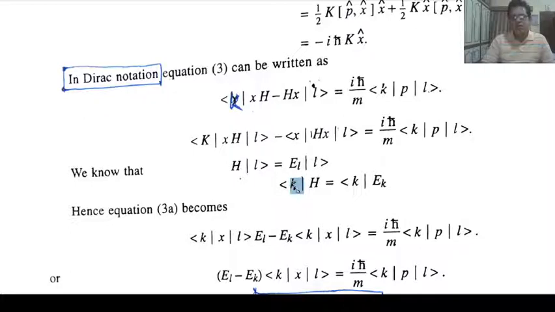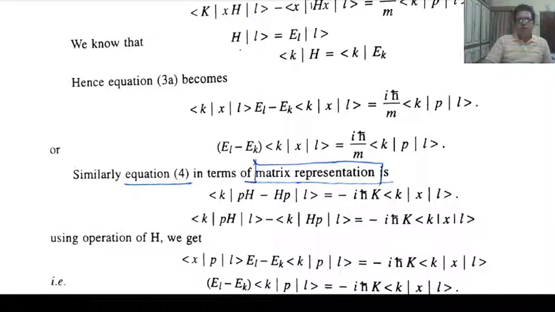Similarly, this is bra notation, this is psi K, and H bra K equals E K bra K. Hence equation 3A becomes like that. Here EL minus EK, EL from here, EK from here, and this equation becomes EL minus EK times bra K X ket L equals iota H cross upon M times bra K P ket L.